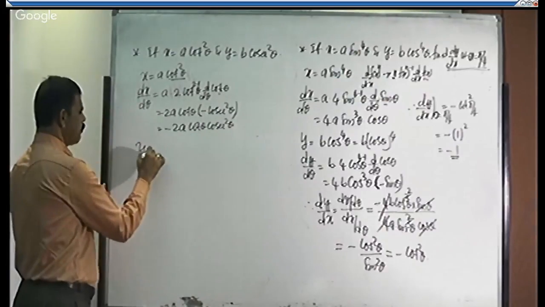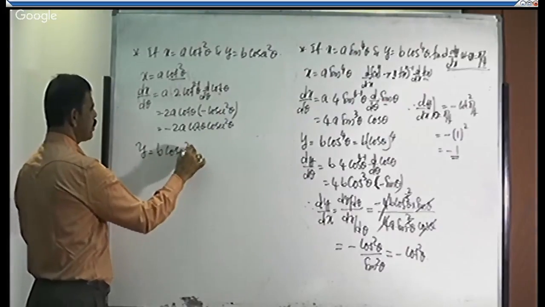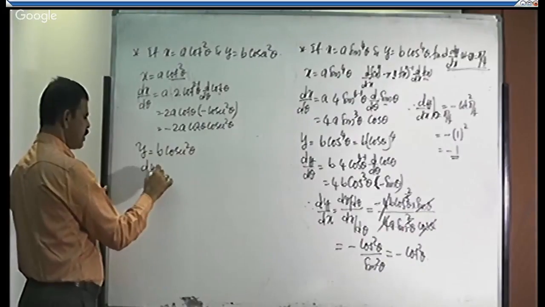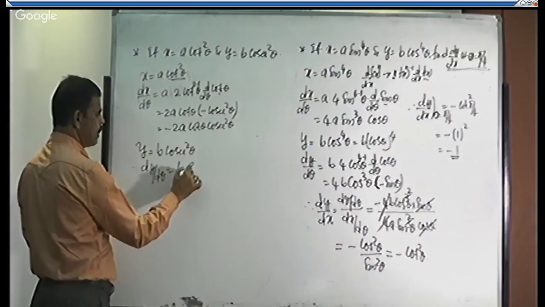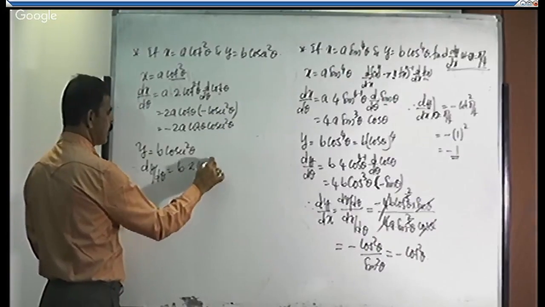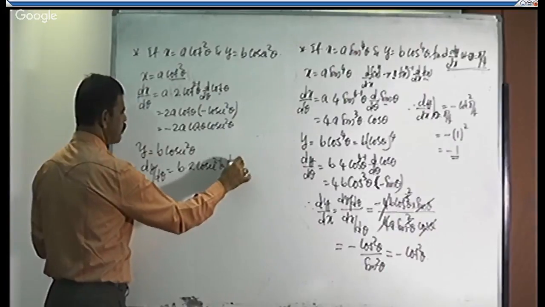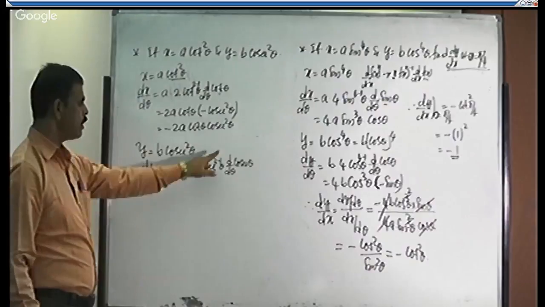Then take y. y is equal to what? b into cosecant square theta. Use the same procedure. dy by d theta is b into n into function to the power of n minus 1 into d by d theta of the function. It is in theta, therefore we have to write d by d theta.